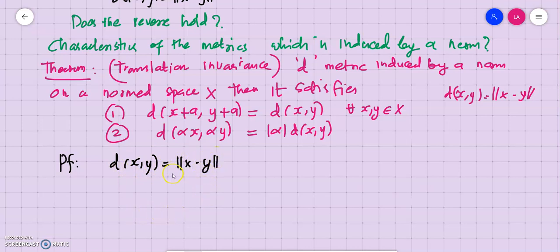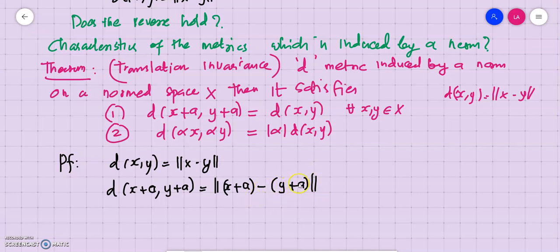So d of x plus a, y plus a equals norm of x plus a minus y plus a.